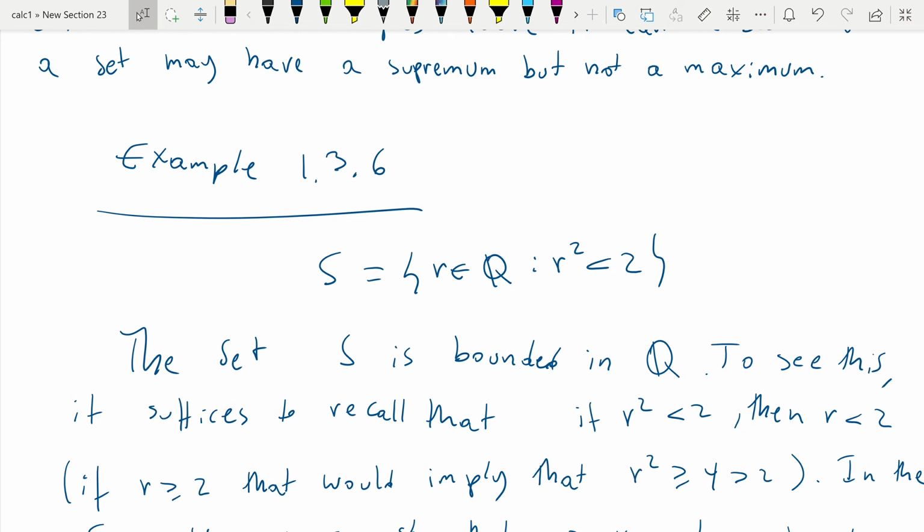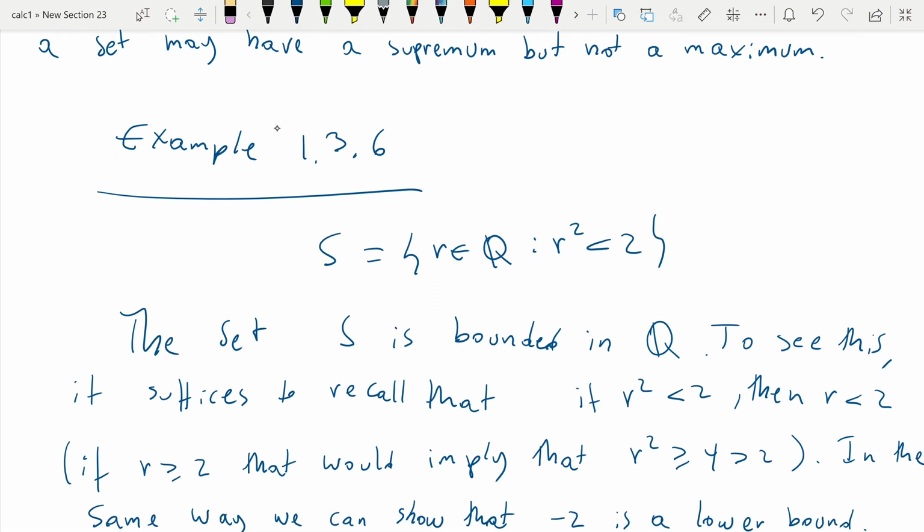If you put any number alpha instead of 2 in here, again, because of that increasing property of the function x squared, even within the real numbers, and on the order field properties, you see that this set will be bounded for the set defined with alpha instead of 2, and therefore we'll have a supremum, and that supremum will have to be the square root of alpha.